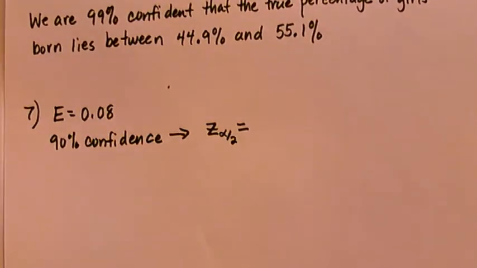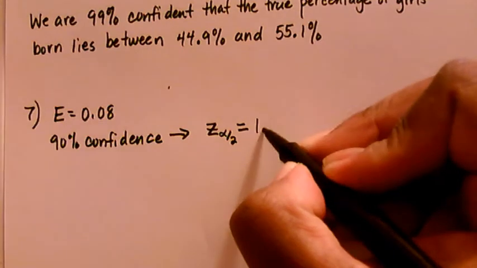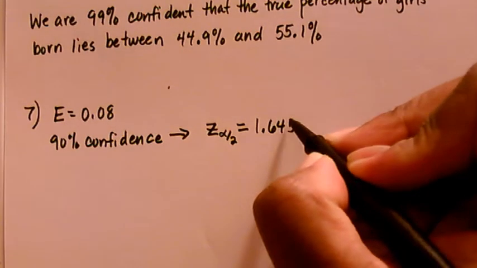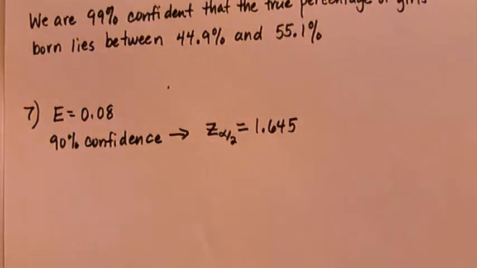For 90%, it is 1.645. Okay, that's one of your three most common confidence intervals. For 90%, that critical value is 1.645. 95% will have a critical value of 1.96. 99% will have a critical value of 2.575.